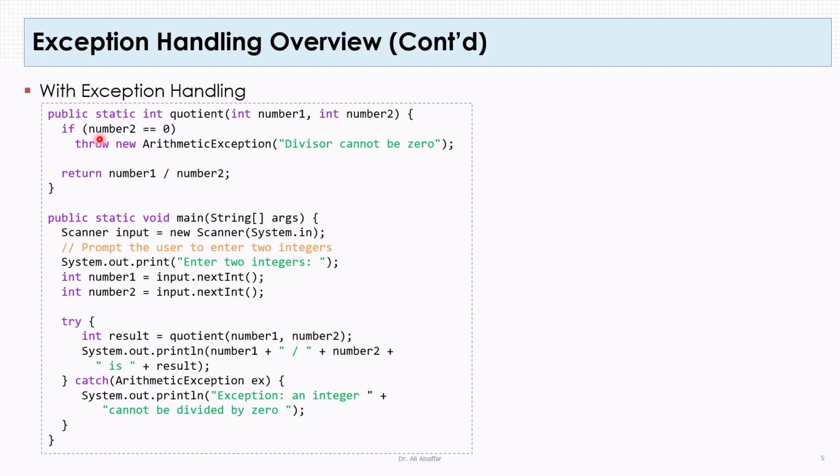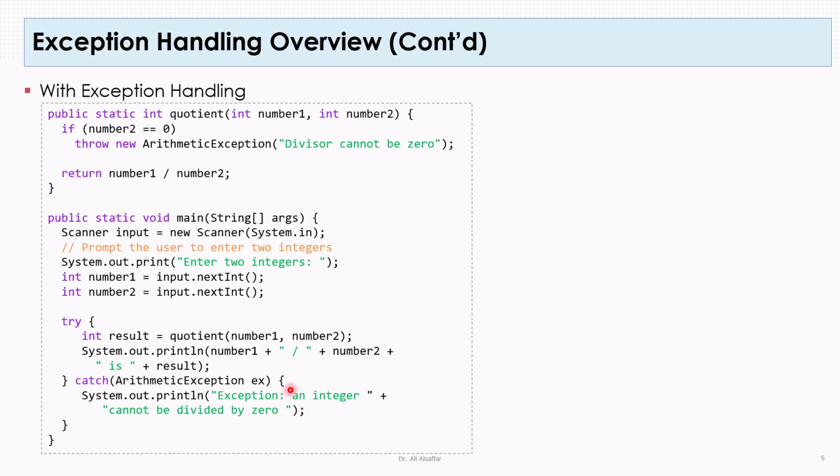Inside the quotient method, if number 2 is equal to 0, then the method will throw an exception. And if number 2 is not equal to 0, then it will skip throwing the exception and will return the result of number 1 divided by number 2. And when we return to try, it will print a message. However, if the quotient method throws an exception, then control will jump directly to the catch statement.